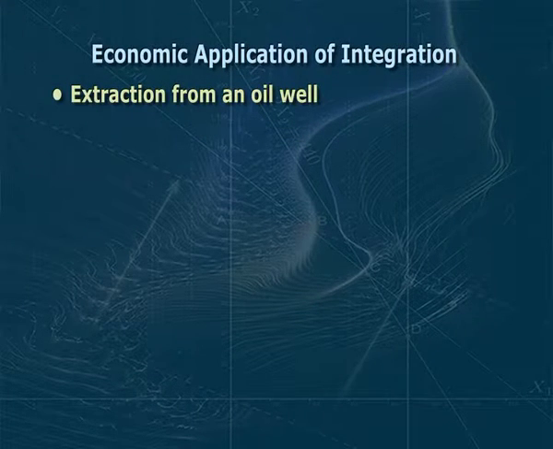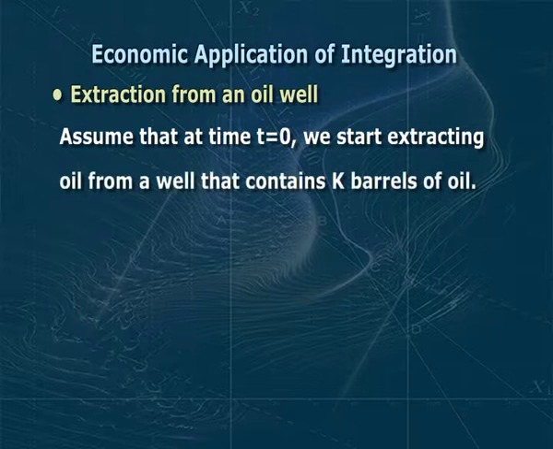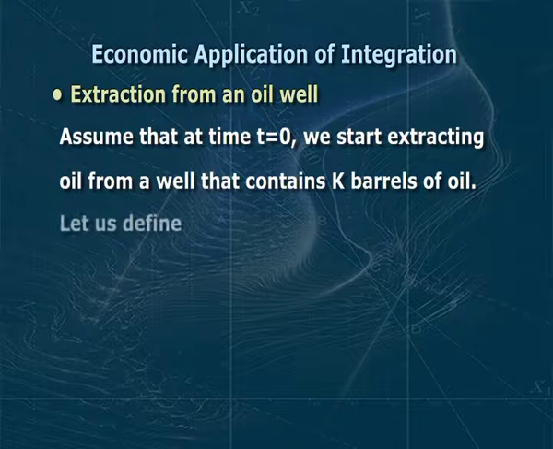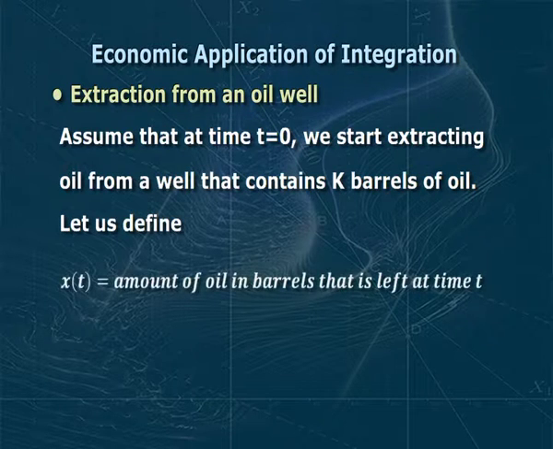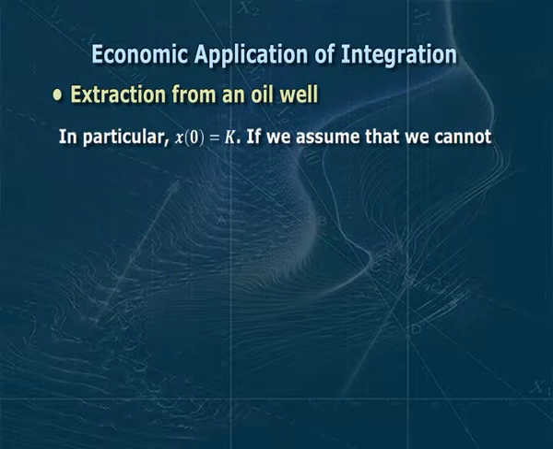Extraction from an oil well. Assume that at time t0, we start extracting oil from a well that contains k barrels of oil. Let us define x(t) as the amount of oil in barrels that is left at time t. In particular, x(0) is equal to k.